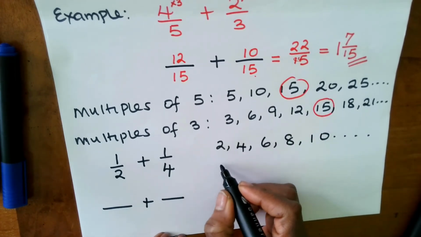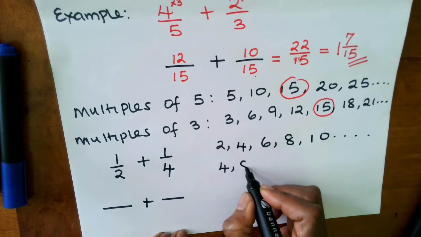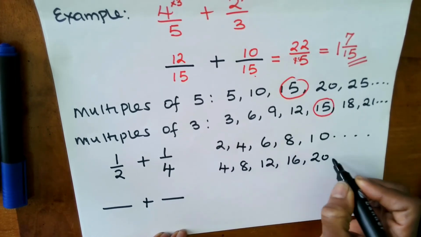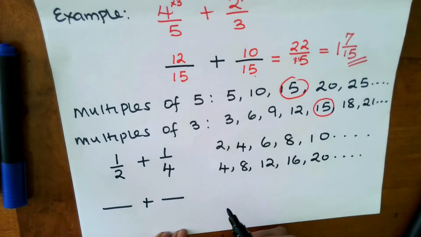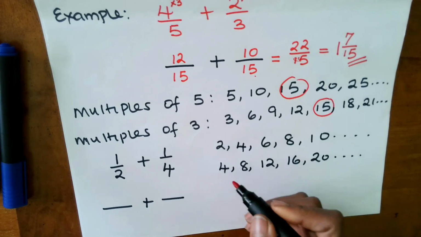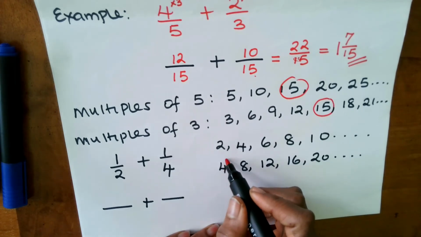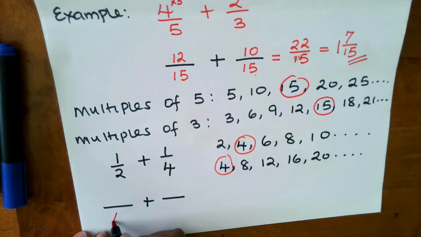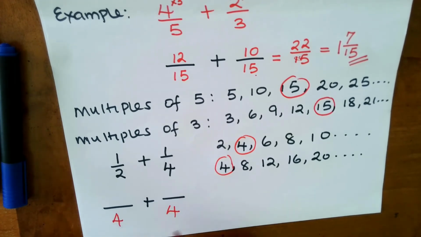Multiples of 4: 4, 8, 12, 16, 20, and so on. I'm going to now circle the lowest common multiple. So the lowest common multiple here would be 4. So I put 4 down here.